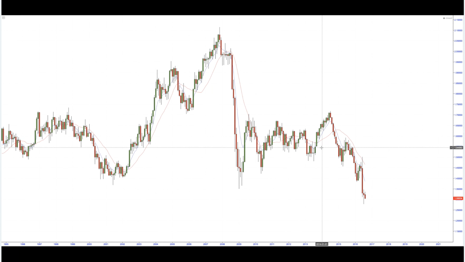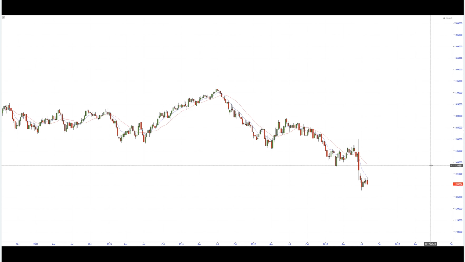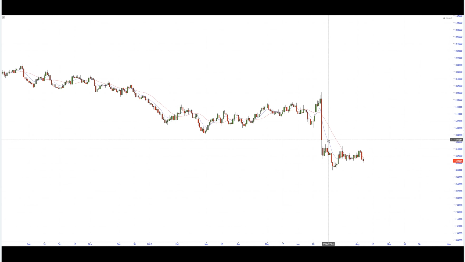So you want to read the overall momentum of a market. As you can see, the momentum on this monthly time frame is in fact down at the moment. If we run down to the weekly, the momentum is down here as well. Sorry, the moving averages are down on both time frames. If we look at the daily as well, the moving averages have just crossed over again here.